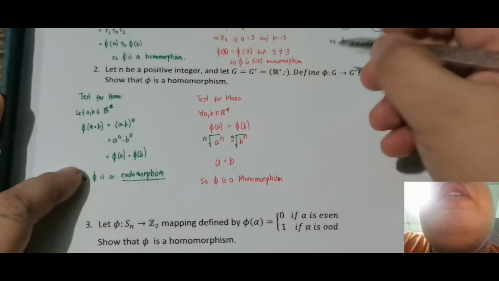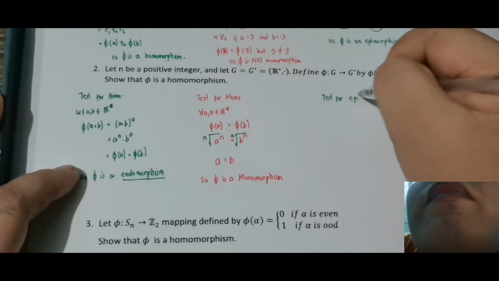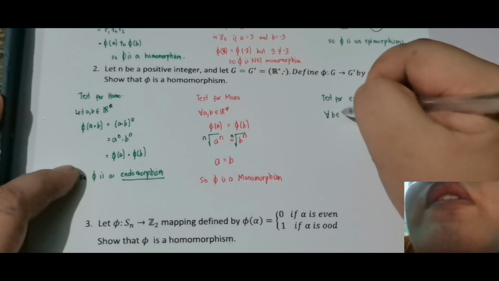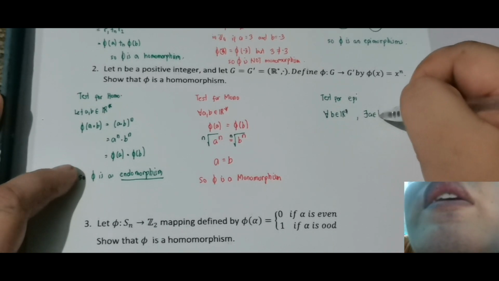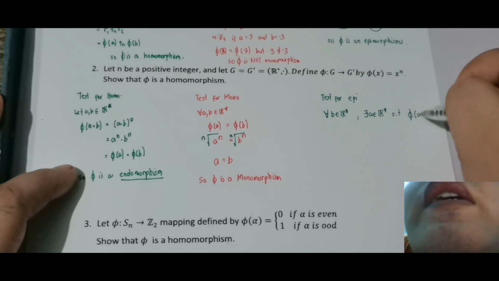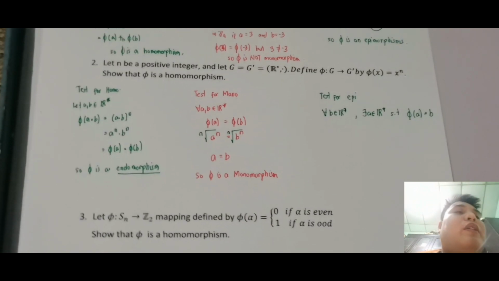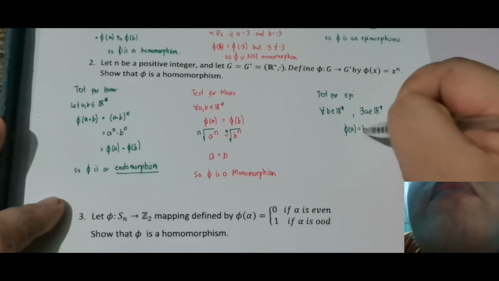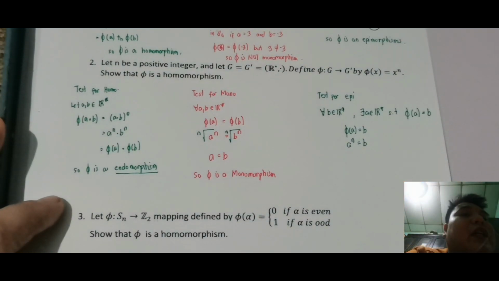So let's check if it is an epimorphism. So, test for epimorphism. For all B element of R asterisk, there exists an A element of R asterisk such that P of A is equal to B. So let's check. Consider P of A is equal to B. We all know that P of A is A raised to N is equal to B. So we are looking for A because that is the goal.